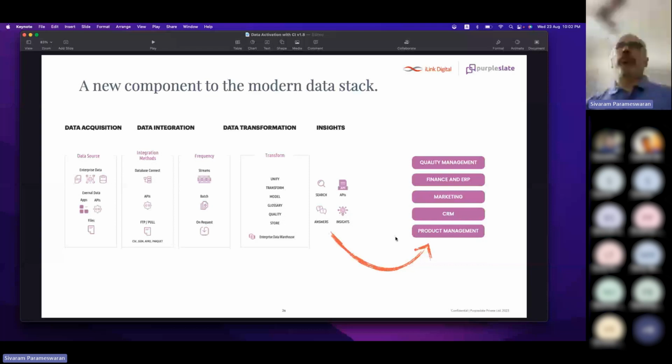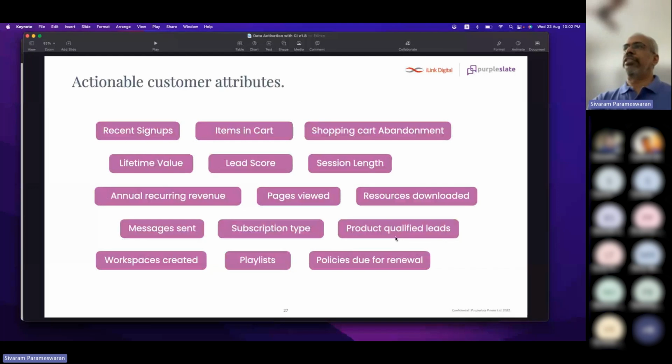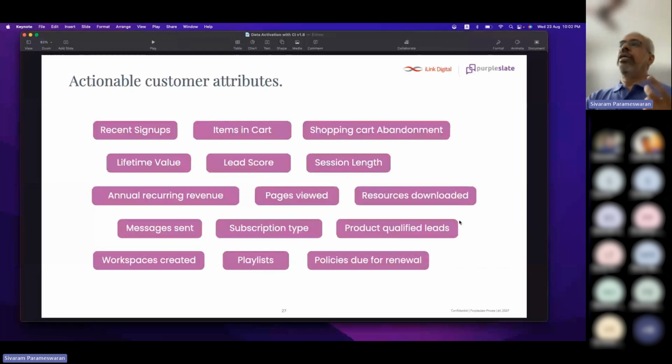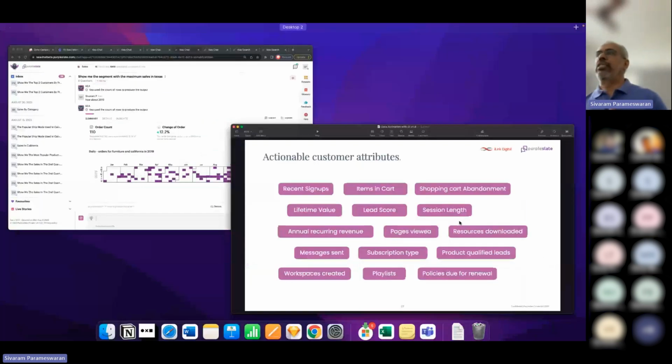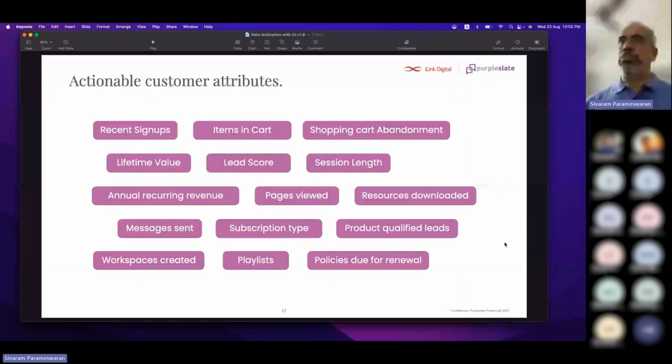One key element of data activation is that every insight, when you're looking at a number, say, the order count of 110 or the delta which has gone up by 12.2%, is basically a customer attribute or business attribute which requires some attention.